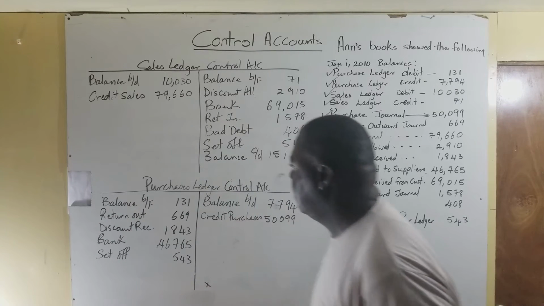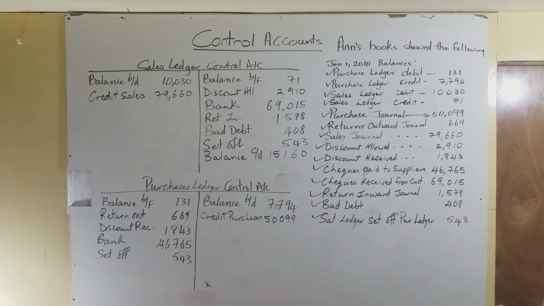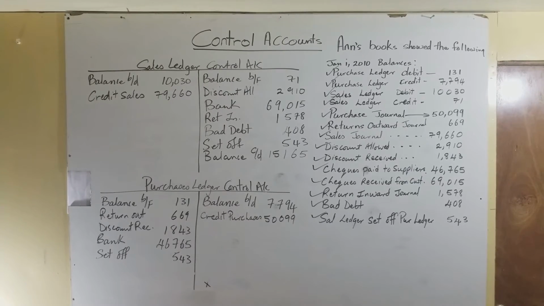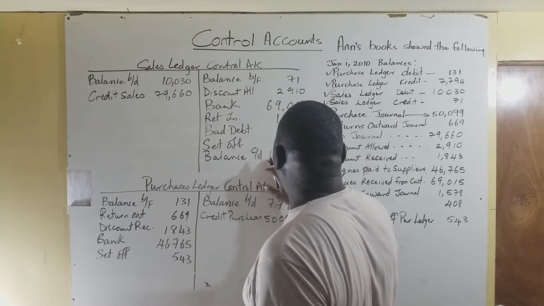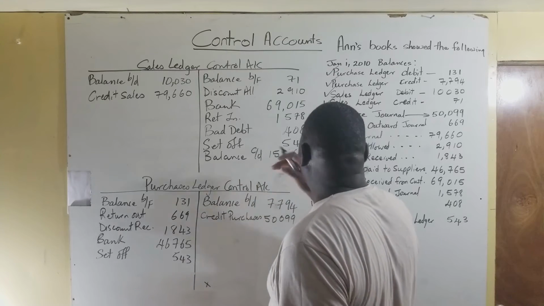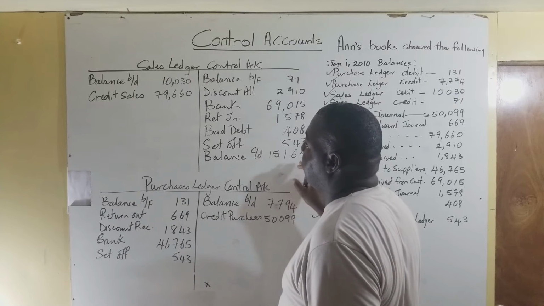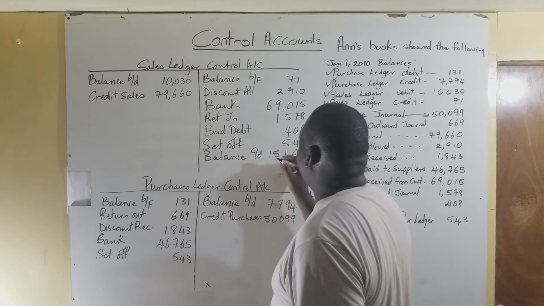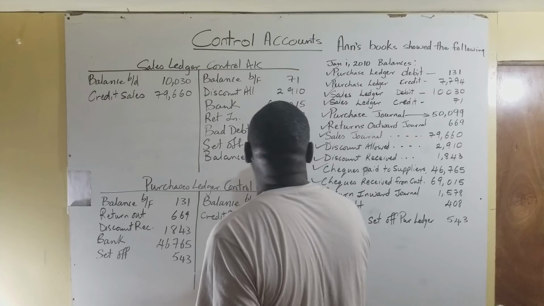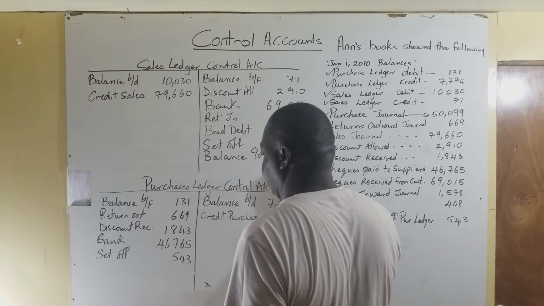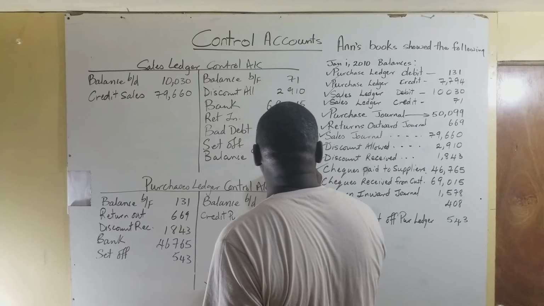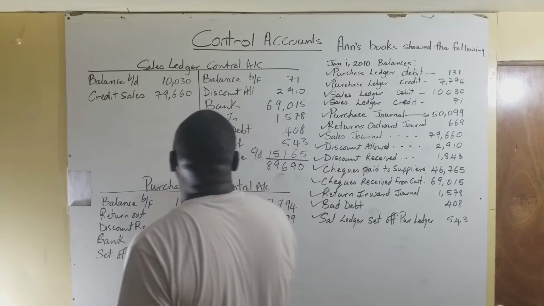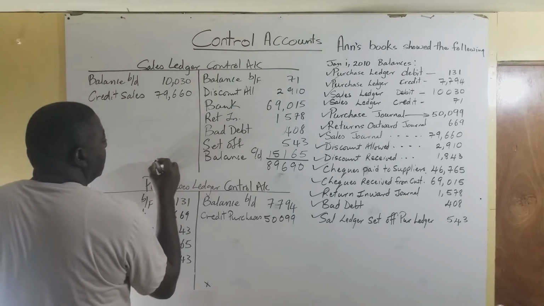Let's do the math for the purchases ledger now. So now that we have done so, we have 15,165 as the balance. All right, so we can close off this account. The total, when we add up all of the figures, will come to 89,690. We'll bring down the total here as well.